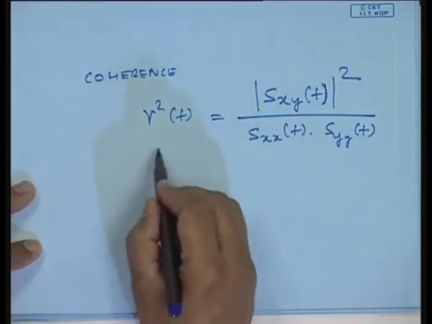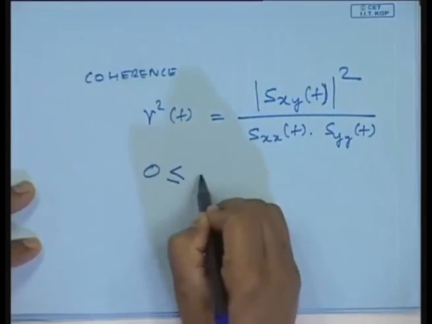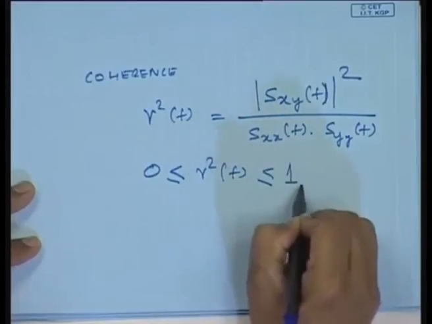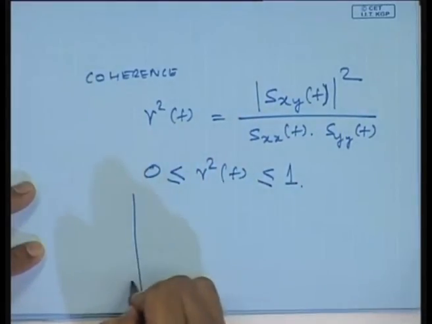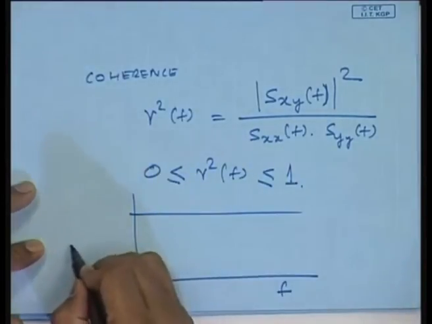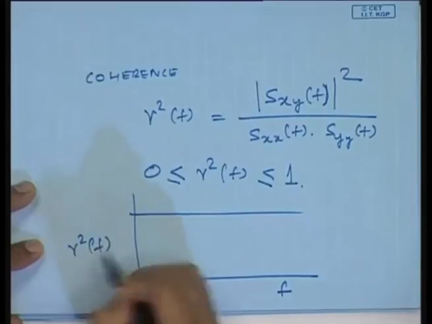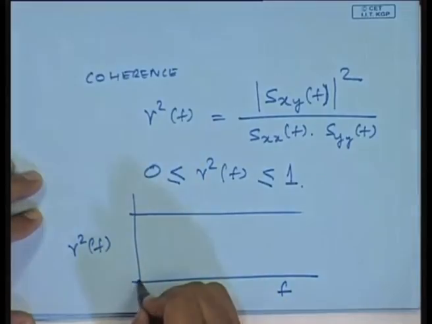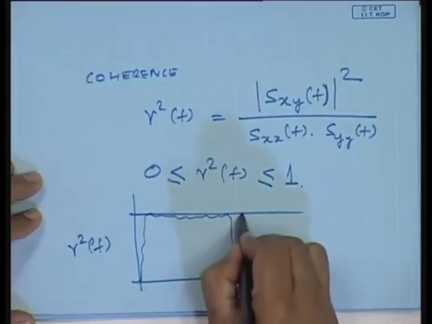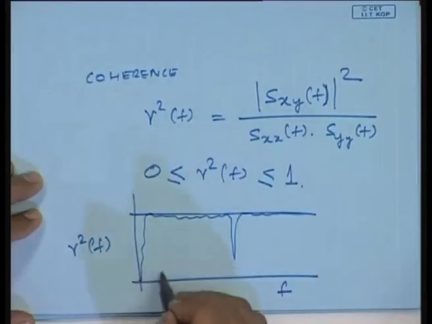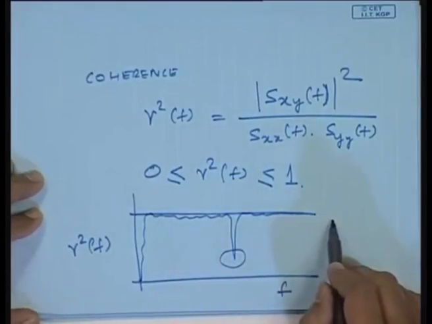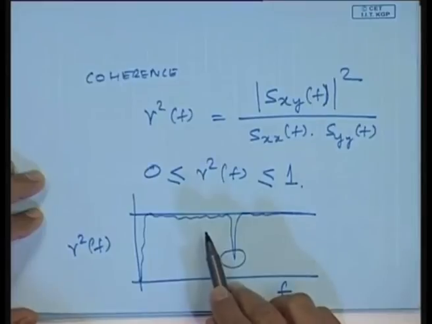And the maximum value of this could be 1. If I plot the coherence as a function of frequency, and it is like this, I can say that at some frequencies the output is not because of the input.